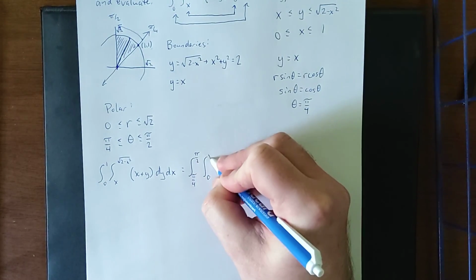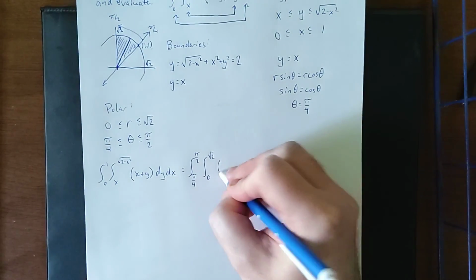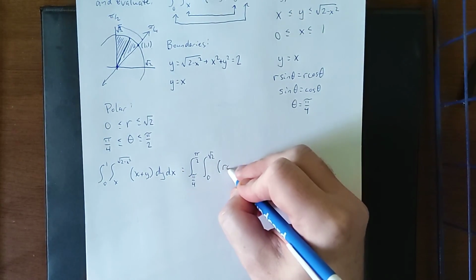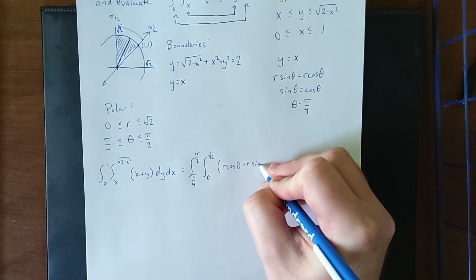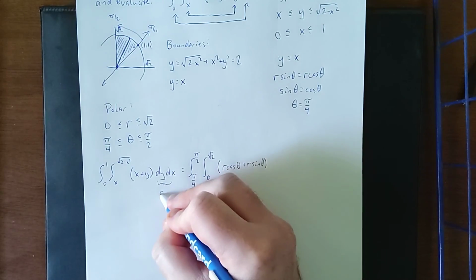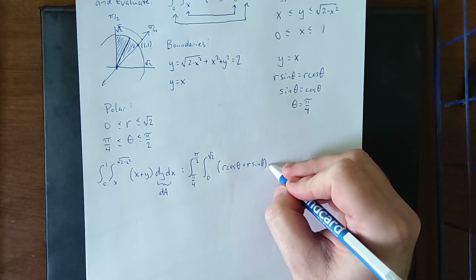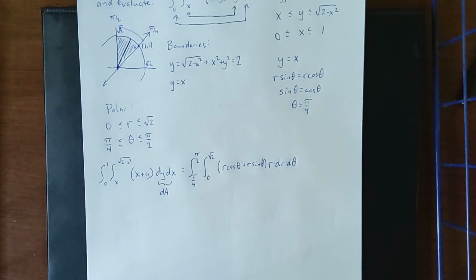And then r will go from 0 to the square root of 2. Changing our integrand, x is r cosine theta, plus y is r sine theta. dy dx is equivalent to dA, and dA in polar coordinates is equivalent to r times dr times d theta.